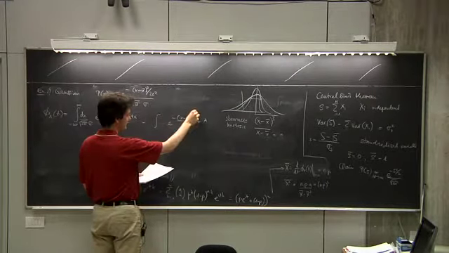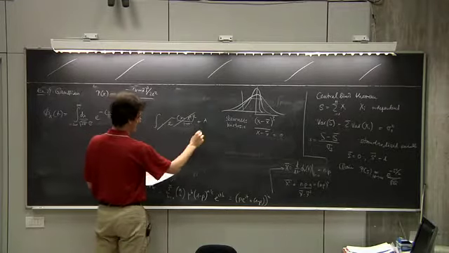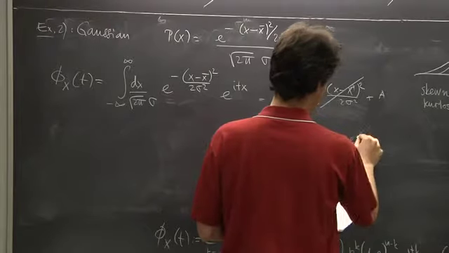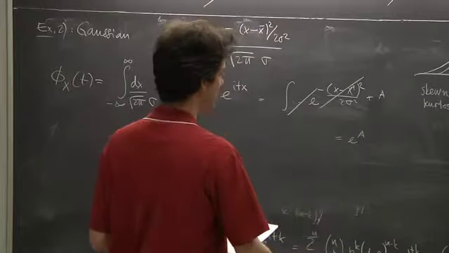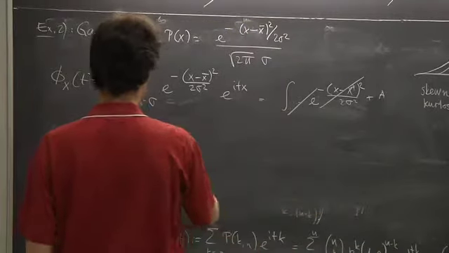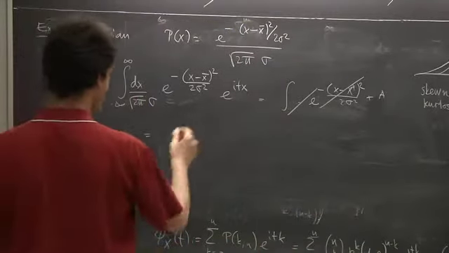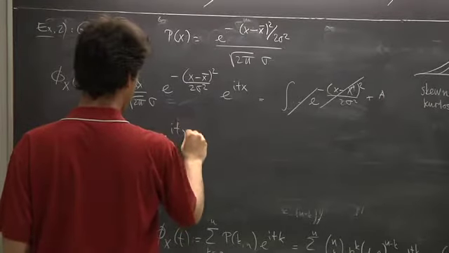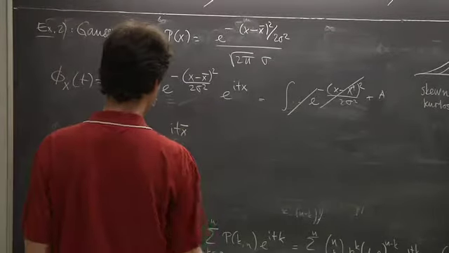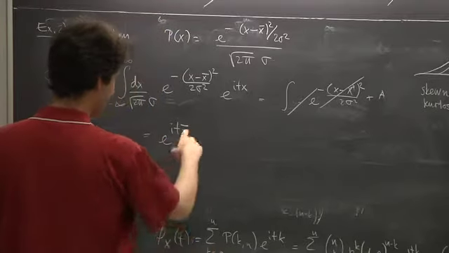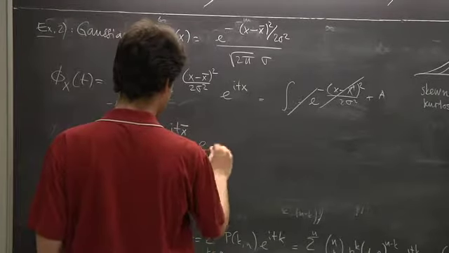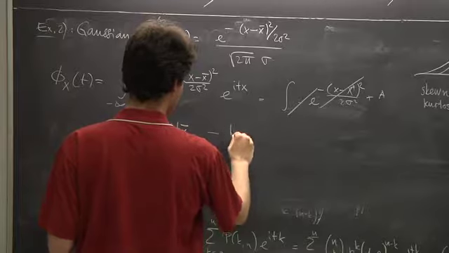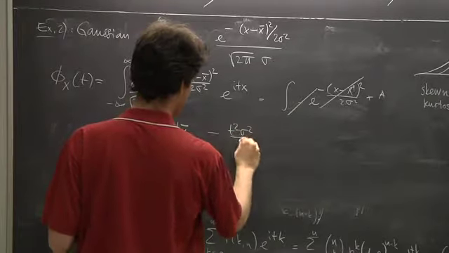Then I do the integral, this kills everything here, and what remains is e to the a, right? Okay, if you do that here, we don't do that because you all know it, you get the following, e to the itx bar, and then the most important term is this here.